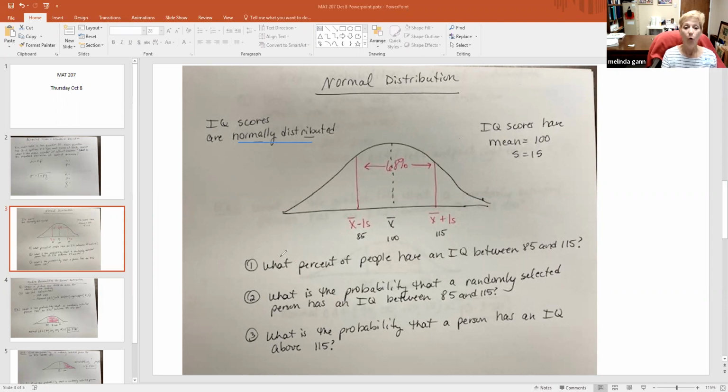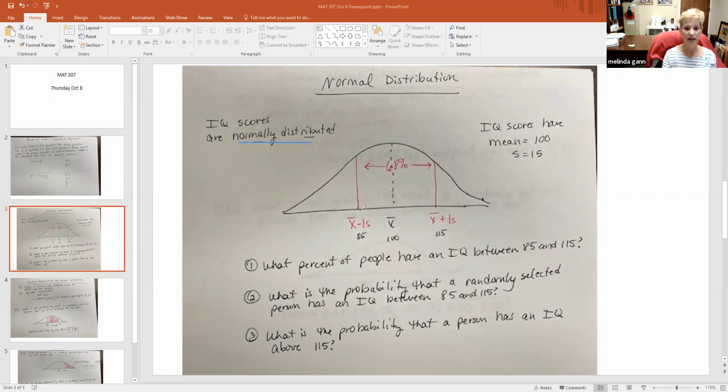Now, what percent of people have an IQ between 85 and 115? The reason you should be able to answer that question already, remember what we said before test 1. If you take the mean and add 1 standard deviation, and take the mean and subtract 1 standard deviation, if your mean's 100 and you add 15, you're up to an IQ of 115.